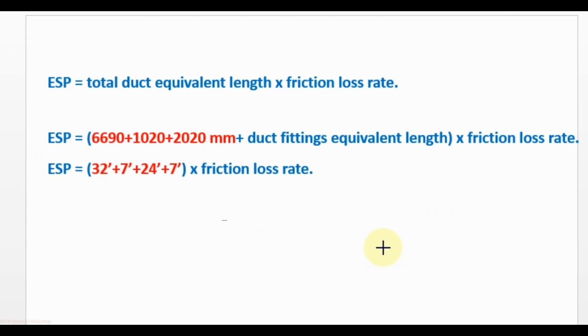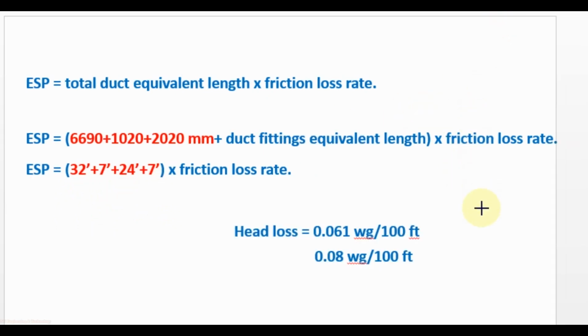Now we have calculated the equivalent length of the duct. Straight duct 32 feet, first reducer 7 feet equivalent length, then elbow equivalent length 24 feet, then another reducer equivalent length 7 feet. We already selected the head loss. For duct size 24 by 14 inch, it was 0.061 water gauge per 100 feet, and for duct size 18 by 10 inch, it was 0.08 water gauge per 100 feet.